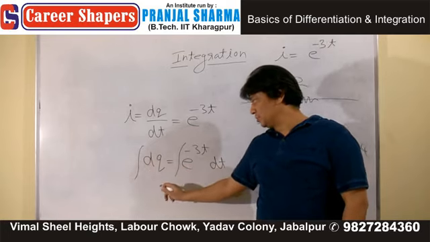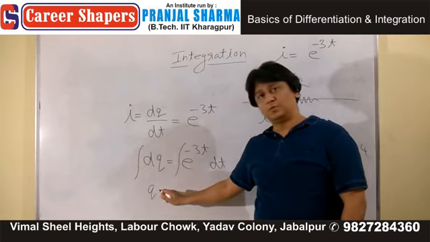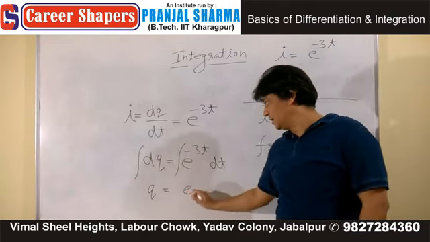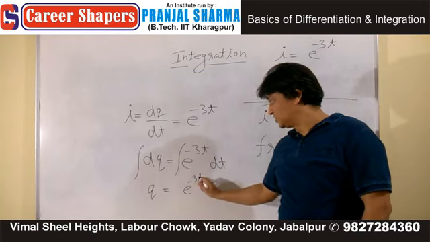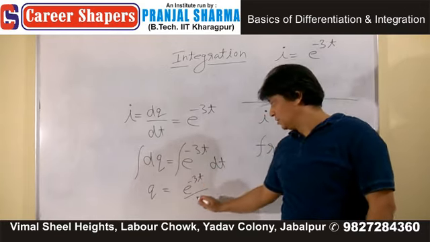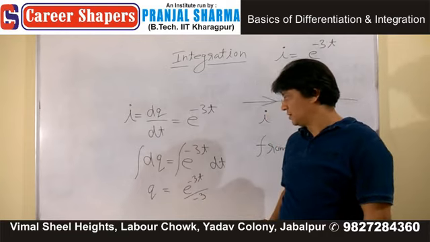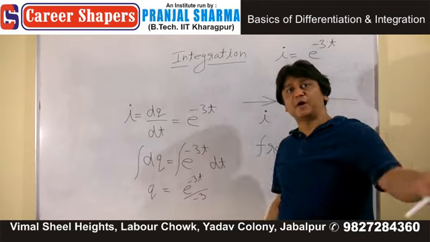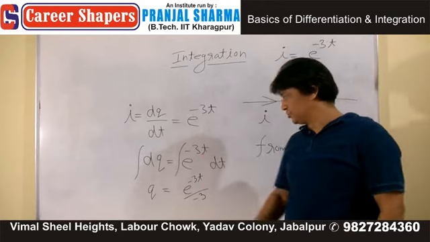Integration of dq is q. Integration of e to the power minus 3t is e to the power minus 3t divided by the coefficient of t, which is minus 3. For e to the power ax plus b, you divide by the coefficient.